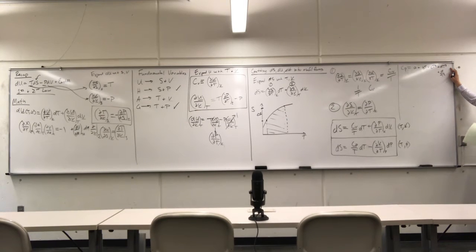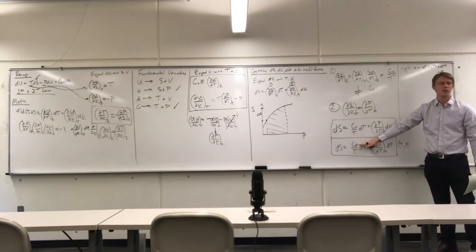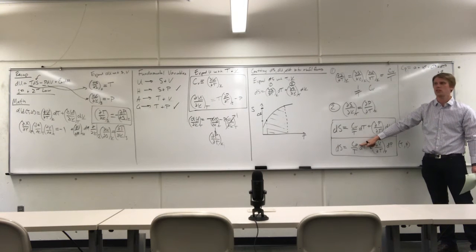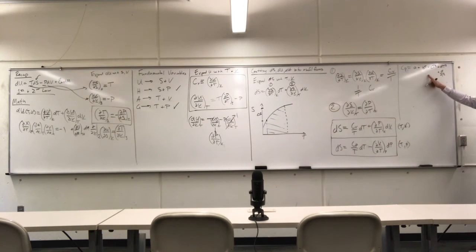What's the integral of 2x? X squared. Polynomials are super, super, super easy to integrate and differentiate. And that's really important because we have to constantly integrate and differentiate C sub P. So if we have a tabulated form of the heat capacity in the form of a polynomial, really convenient.